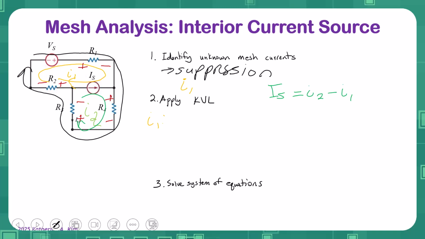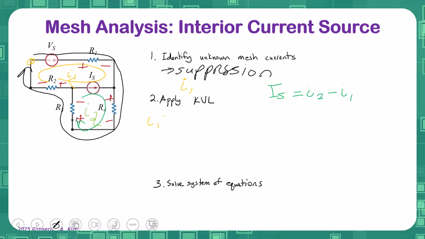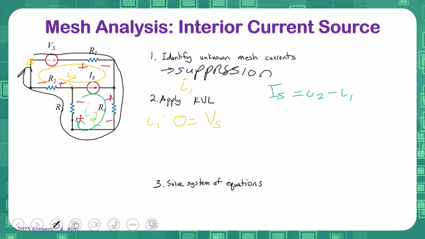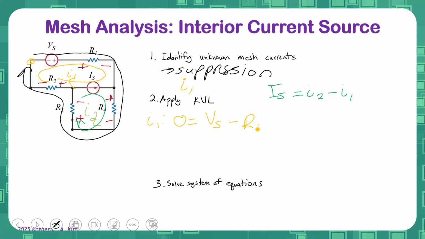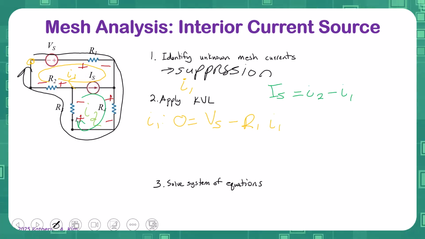Let's start from this upper left-hand corner. If we go up, we'd get 0 equals capital VS, and then we'd be going down on R1, so minus R1 times I1. And then we would get to this current source.